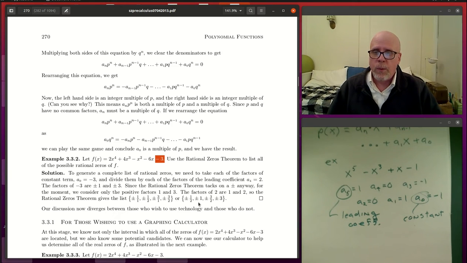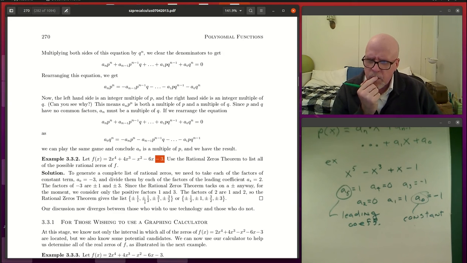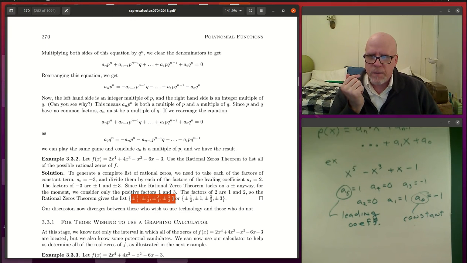So what we've got here, you'll see the final listings they've done. Why have they done it twice? Oh, I see, just reorganizing things. Let's look at this first set of values, possible zeros, plus or minus.